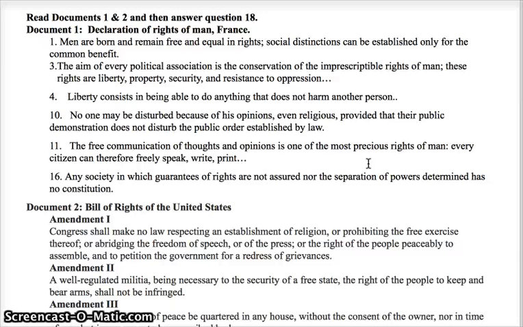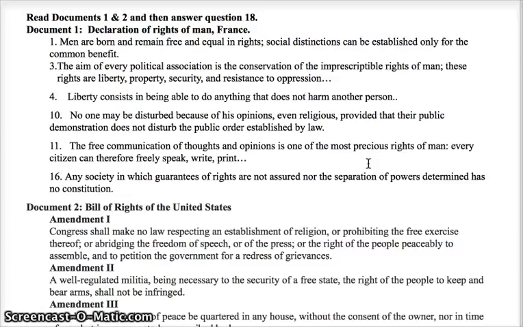The aim of every political association is the conservation of the imprescriptible rights of man. These rights are liberty, property, security, and resistance to oppression. Again, they seem to like rights. Number 4 talks about liberty, and now I'm going to actually sum this up a little bit because in order to get through this on time, I'm going to do a little bit of summarizing. Number 4 talks about liberty again, that you're not harming somebody.